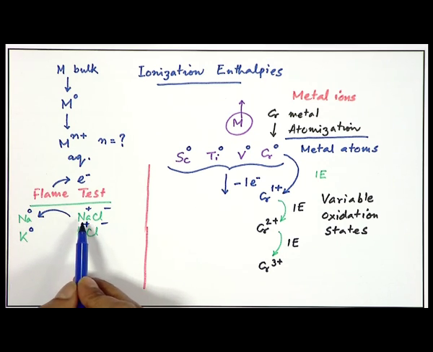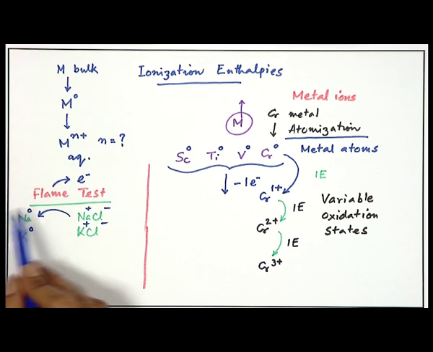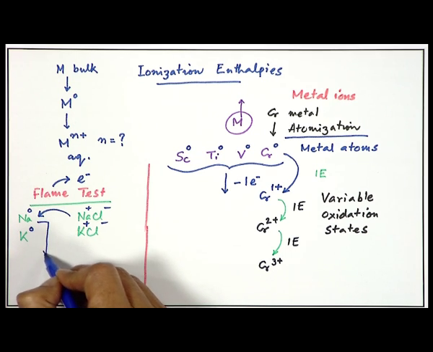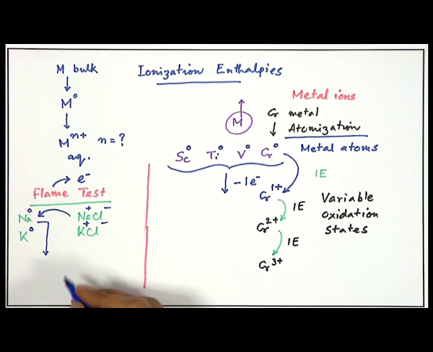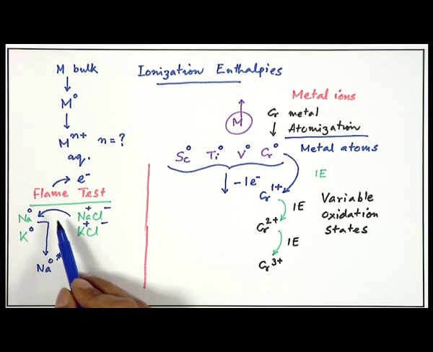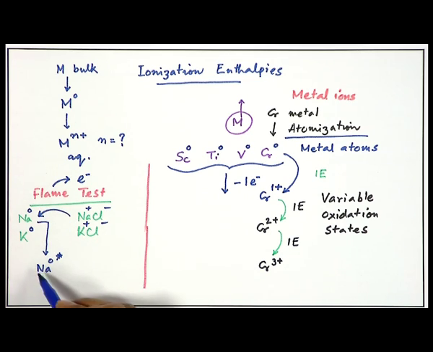We have ions, we are putting in electrons, and we are getting the corresponding atomic state. When this atomic state is excited within the flame, it is Na0 in the excited level, Na0 star, still present as the atom Na0. The system is getting energy from the flame, and it reaches some excited state.